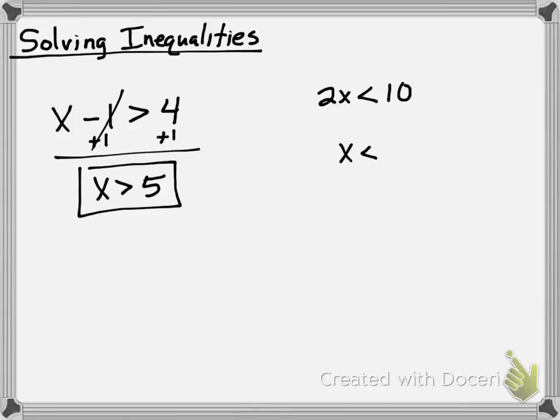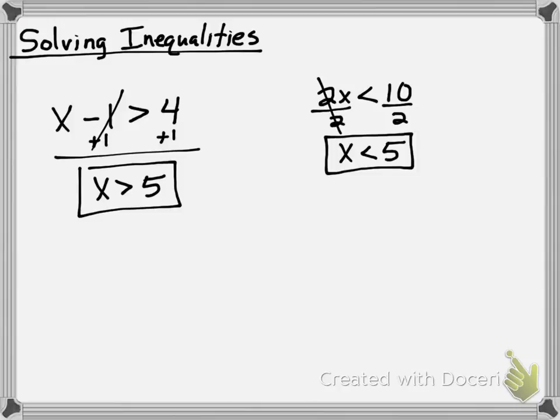So I know that the solution is x is less than 5. Now let's see if algebraically it still would have worked. How do you get rid of a times 2? By dividing by 2. The 2's would cancel, and I would be left with x is less than 5.